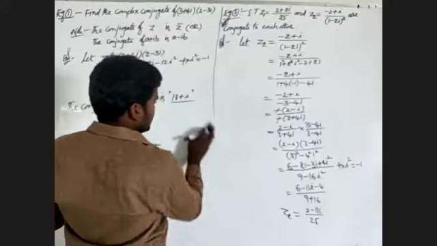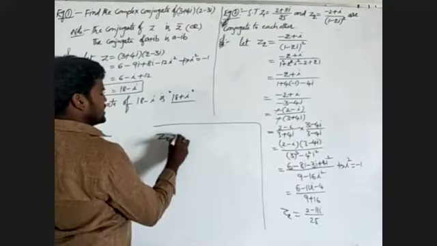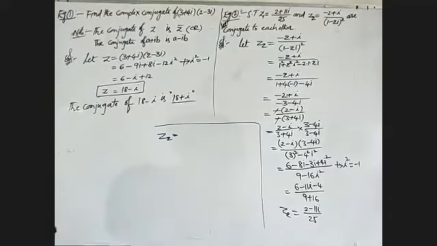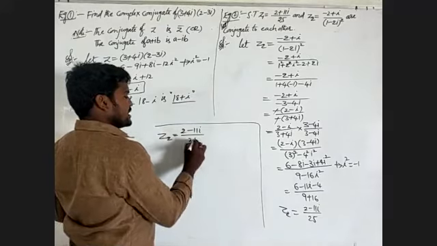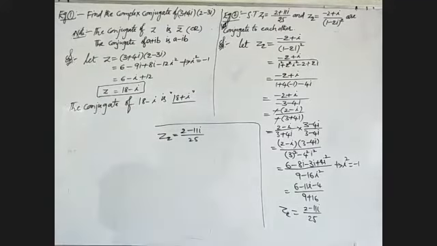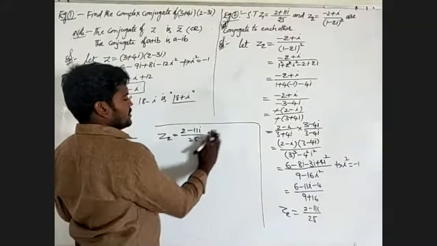I will write one more step in this problem, where Z2 is equal to 2 minus 11i by 25.